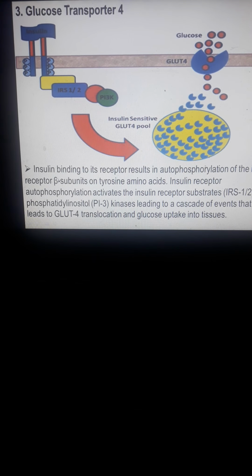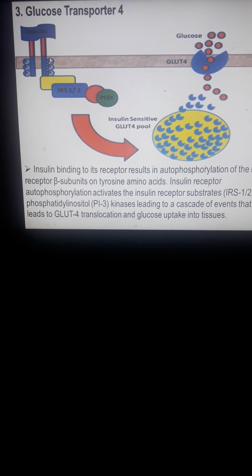Okay, so the mechanism, insulin binding to its receptor usually binds with the beta subunits on the tyrosine amino acids. Take note, insulin binds to the beta subunits or the beta receptor. Then the binding of that insulin to the receptor leads to the autophosphorylation process, or activation of the phosphorylation process.